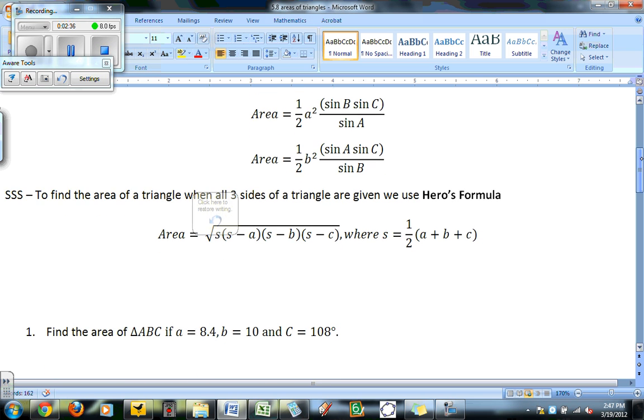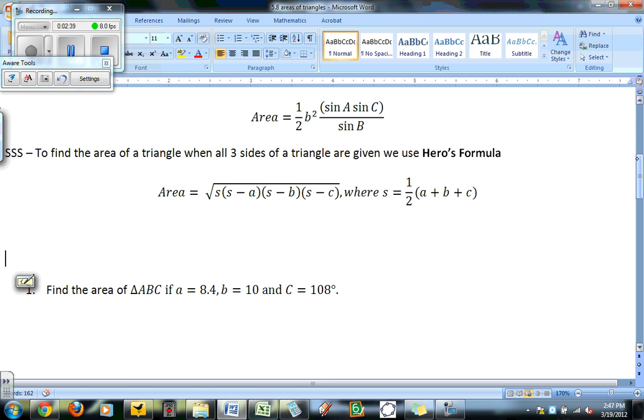And the last one, if you're given three sides of a triangle, is called Heron's formula. And all that is the square root of s, which we have to figure out, and it's very easy to figure out. It's just 1/2 times the side lengths added together.